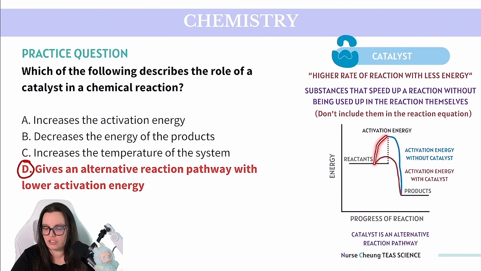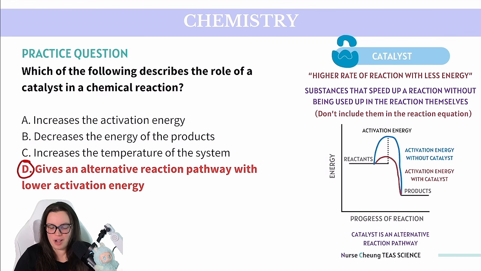That's why you see such a steep rise before it eventually falls and creates our product. However, if we were to add a catalyst to this particular type of reaction, it's going to need way less energy than it would without it. So this would absolutely make D the correct answer. It gives it that alternative pathway by lowering that activation energy.